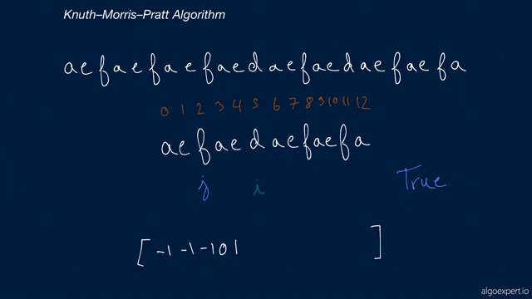We've got F and D. These two letters are not equal to each other, right? They're not equal to each other, but J is greater than 0. J is equal to index 2 right now.